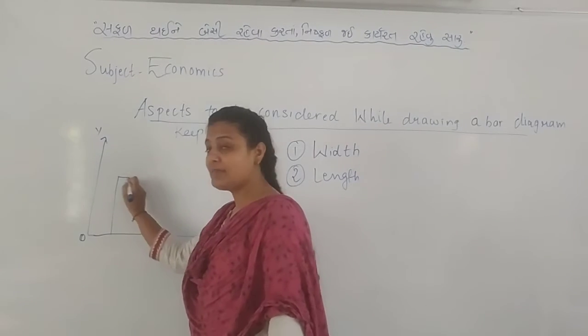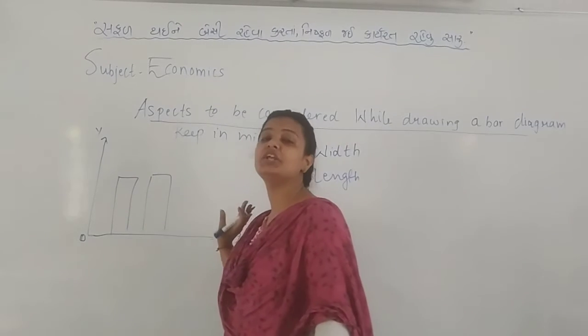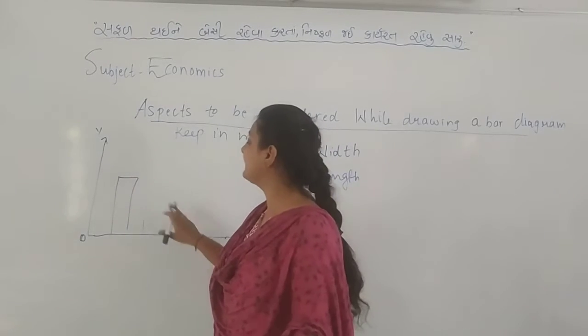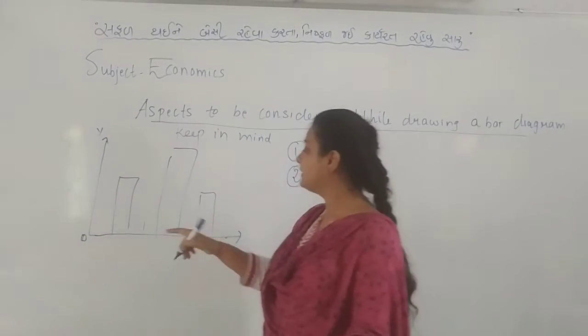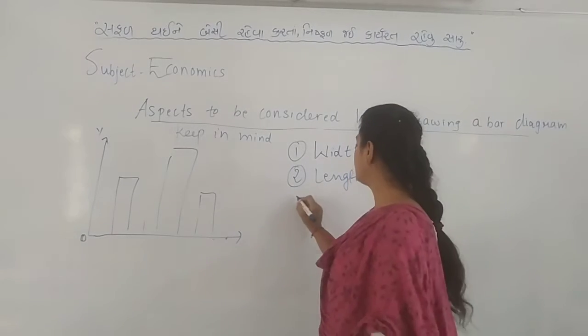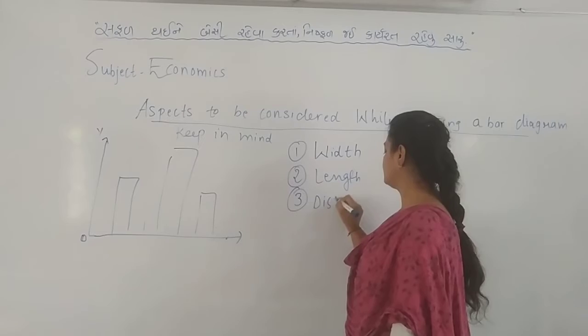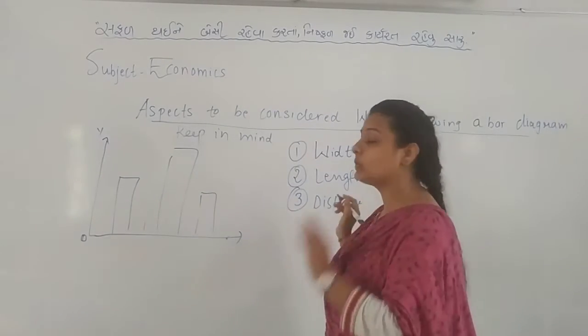I am drawing one bar over here, second here. So the distance maintained should be equal. It should not be like I am drawing one bar here, second here, third here. This is not going to give you any clear picture. So the distance between the bars should be equal.